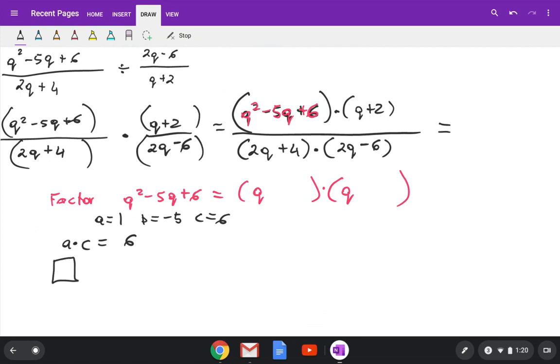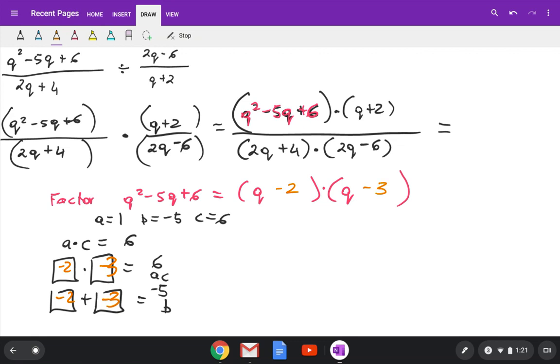I'm looking for integers which by multiplication give you AC, which is 6, and the same two integers by addition give you B, which is negative 5. So what's going to work? Negative 2 and negative 3. So that will be, when you factor, q minus 2, q minus 3.